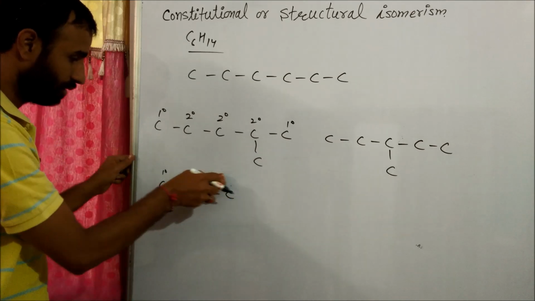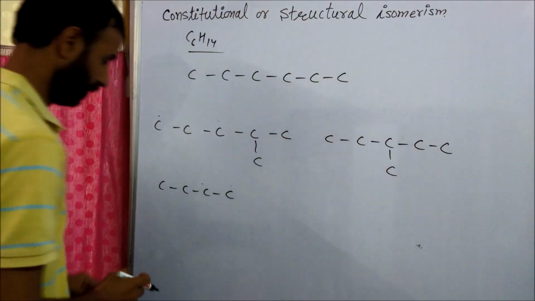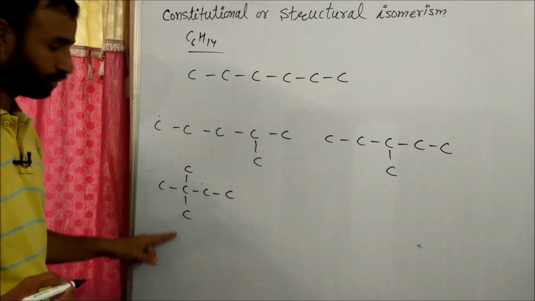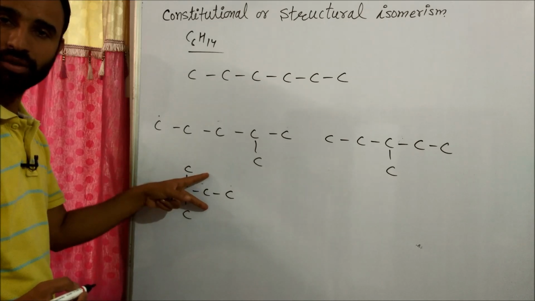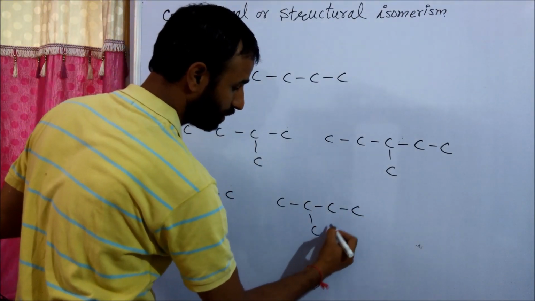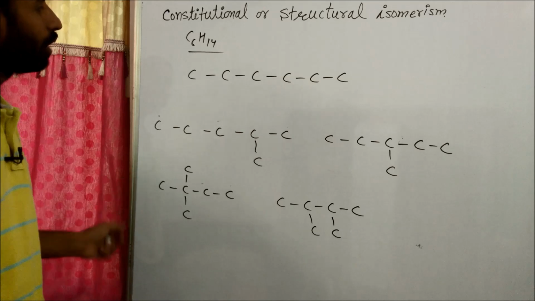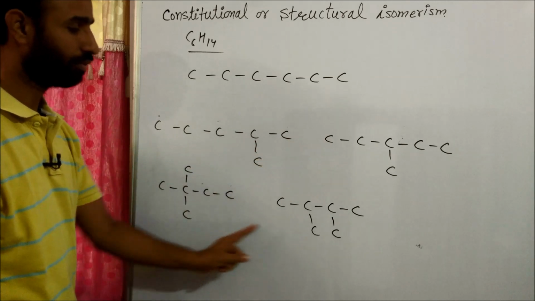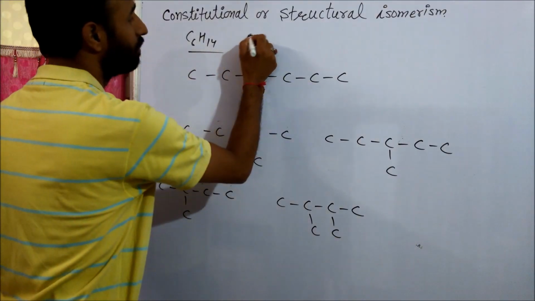So either we attach both the carbons at the same place, or attach this side or that side, it remains the same, or we can attach like this. Total isomers of C6H14 are 1, 2, 3, 4, 5. Not more than that. So total isomers are 5 for C6H14.